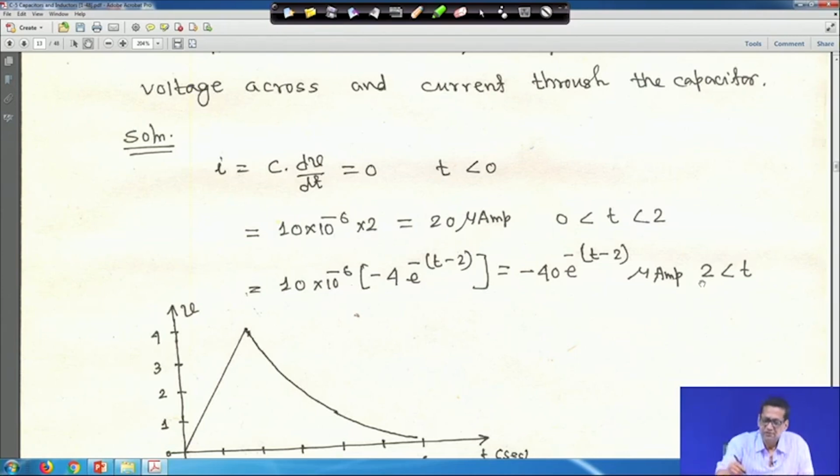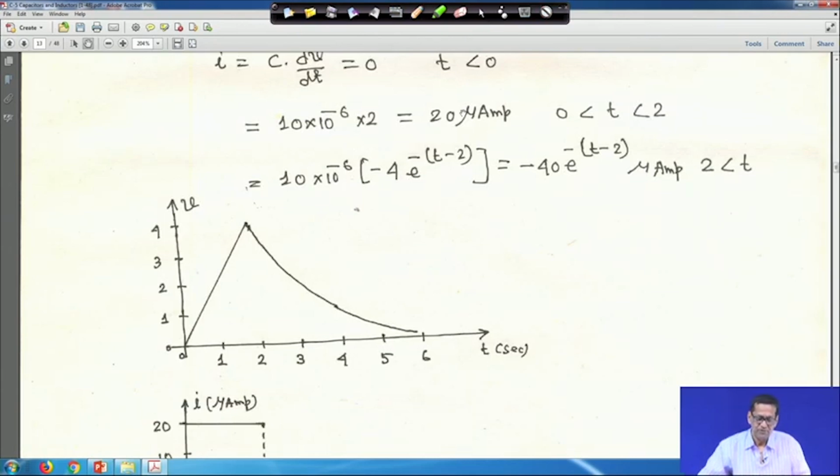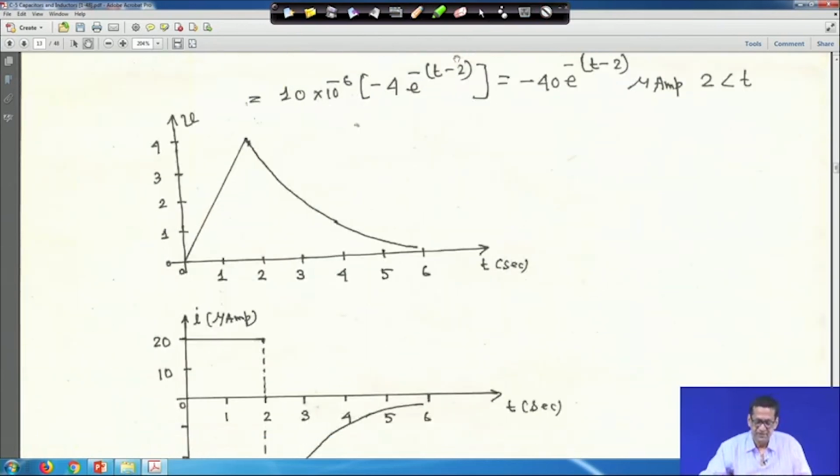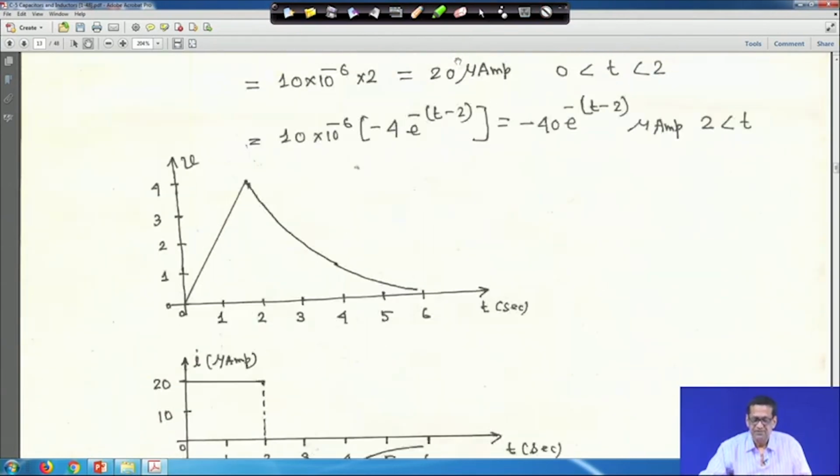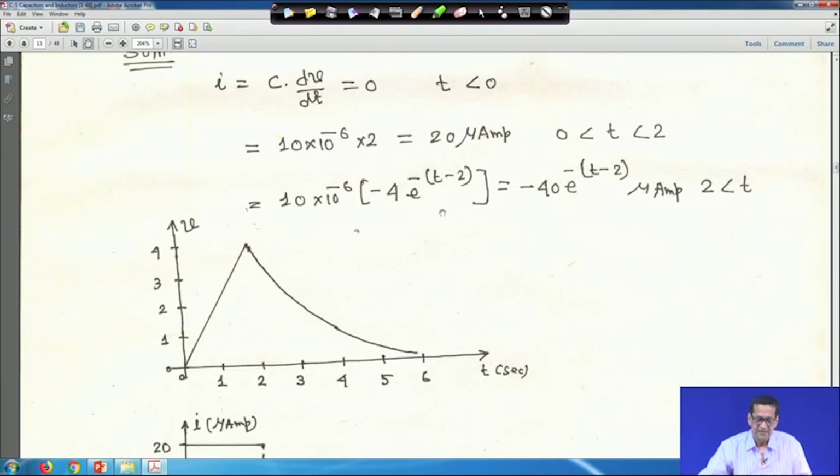Now the question is the voltage plot. Between 0 and 2, V is equal to 2t. Let me move a little bit up. So this is my V(t), and 2 will be somewhere here.